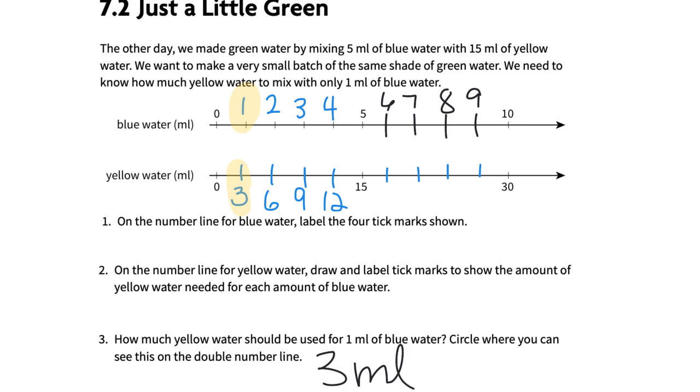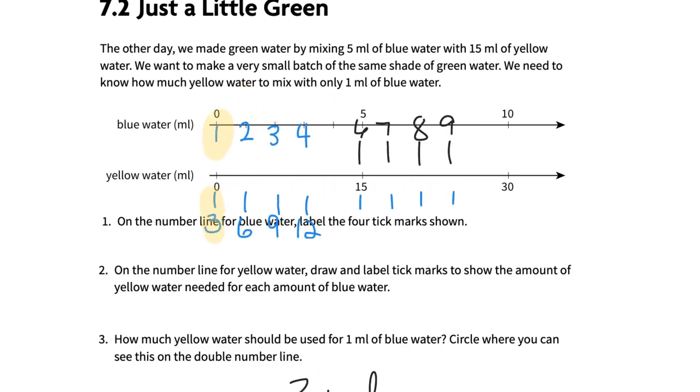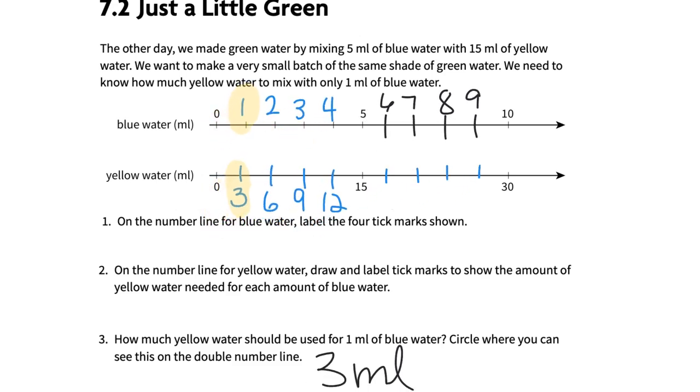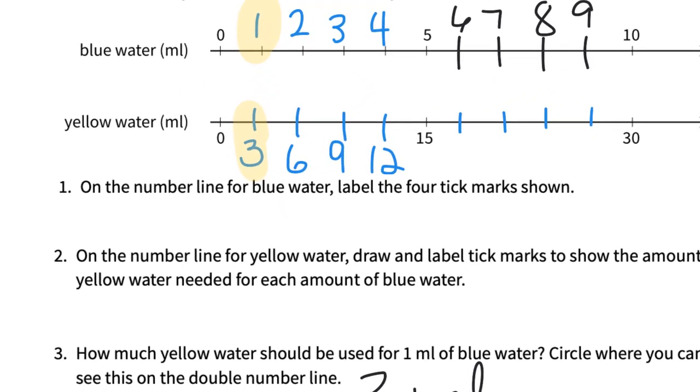Remember, for every one blue that goes up, we're going to add 3 yellows. So I'm going to zoom in a little bit here so that we can mark our yellows. We're going to keep adding by 3.